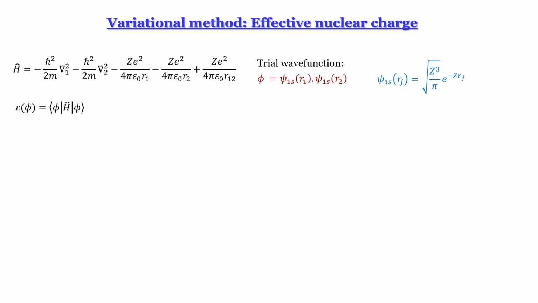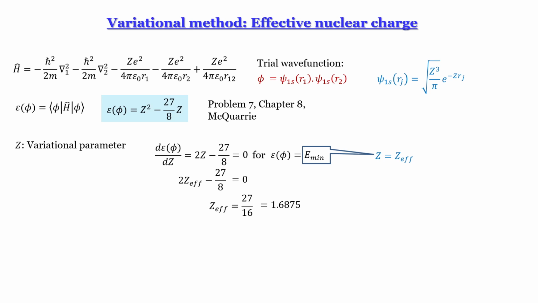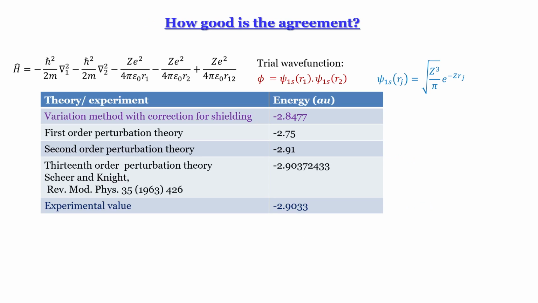Now for this slide, he has discussed how the variational method can be used to find this Z effective and the shielding constant. The same problem we have done for the beryllium atom, where this average energy is given in the assignment, Z square minus 27Z, something like that. Using the variational method, with the correction of screening, it was found to be 2.84, which was 2.91 in case of the second order perturbation correction, but in first order it was minus 2.75.